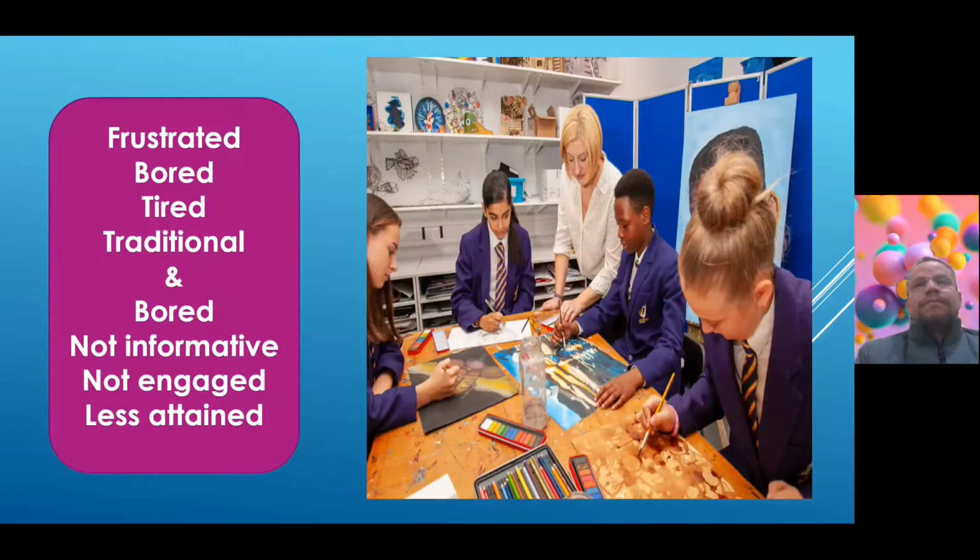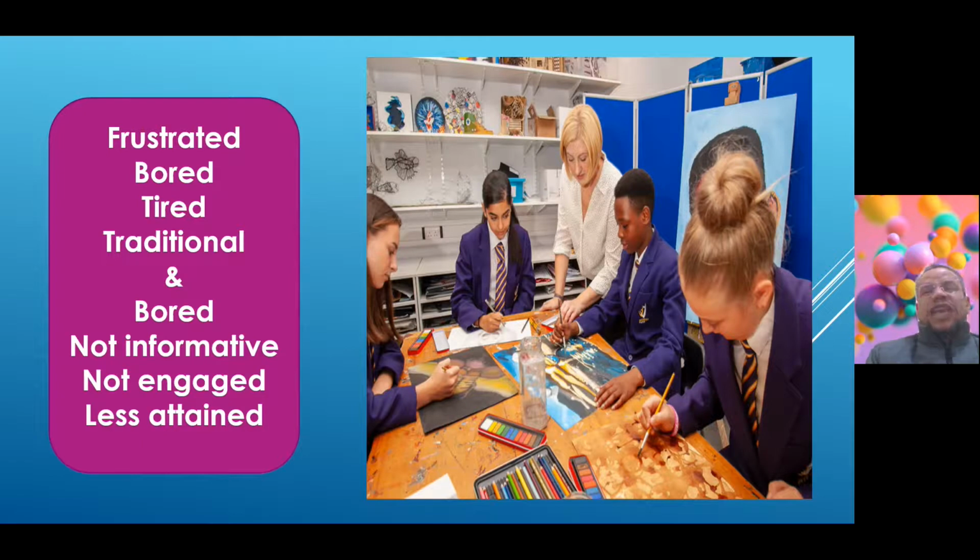Let's go. When the inspectors visit your class, maybe the evaluation form about you, the judgment at the end, is about a frustrated teacher, bored teacher, tired teacher, traditional teaching. Even the evaluation about the students in your class may be about no engagement, less attainment by students, students with no informative style.